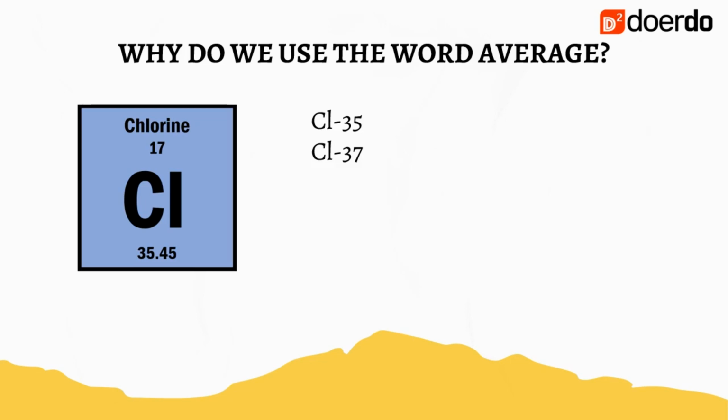To do a quick recap, because the number of protons for chlorine is the same, that means chlorine 35 and chlorine 37 both have 17 protons. That easily means you can calculate the number of neutrons. Chlorine 35 has 18 neutrons, while chlorine 37 has 20 neutrons.